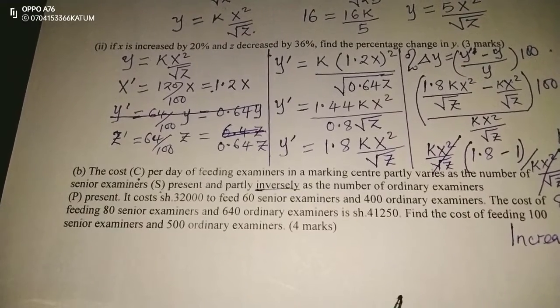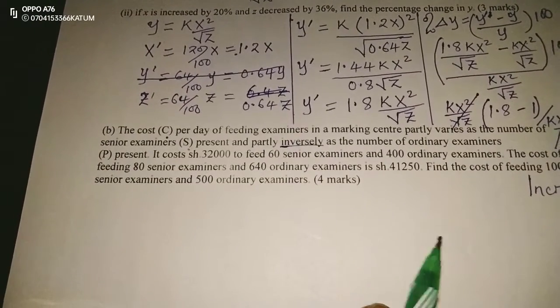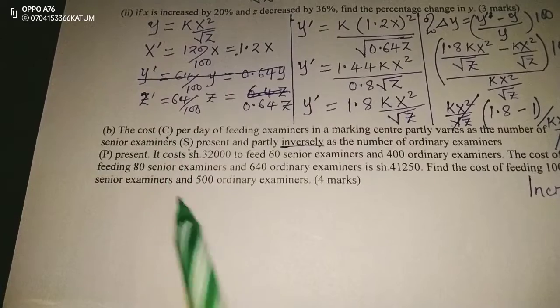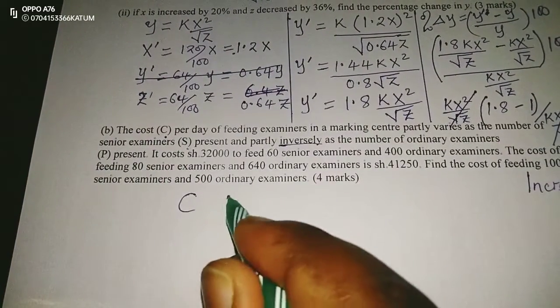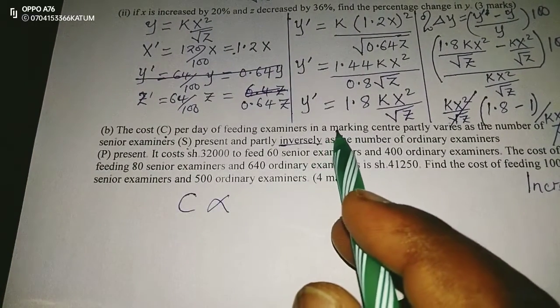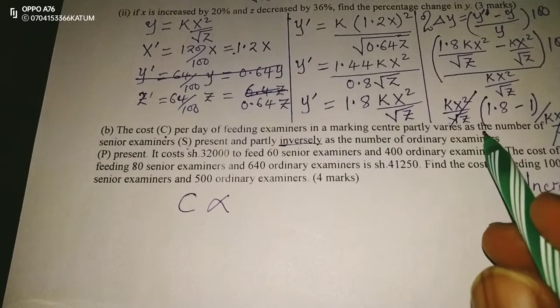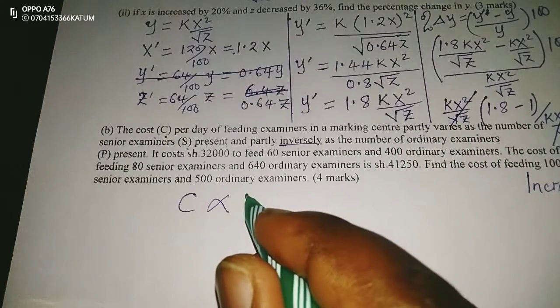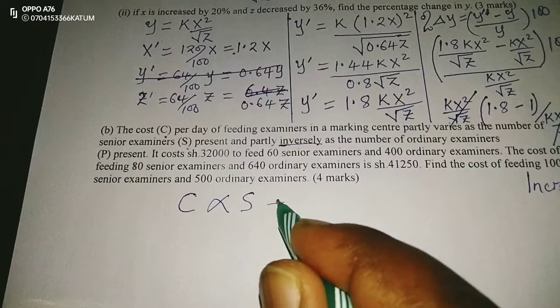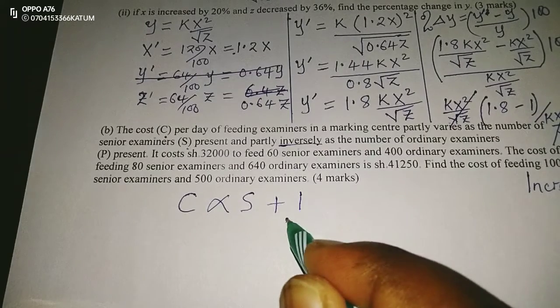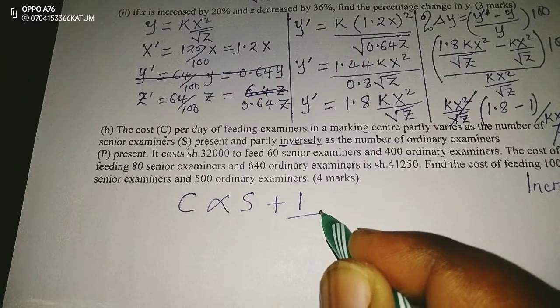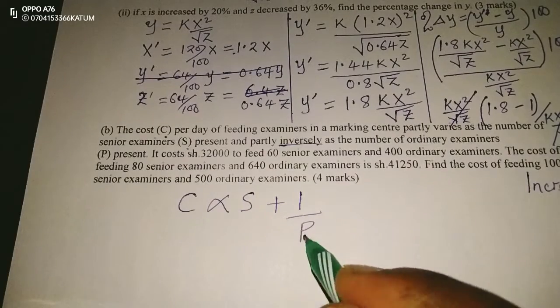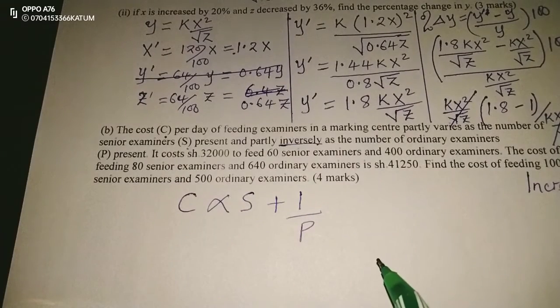Therefore, this is partial variation because we are told how the cost C varies. Partly as the number of senior examiners S, and partly inversely, that one should be taken very seriously, the number of ordinary examiners present.